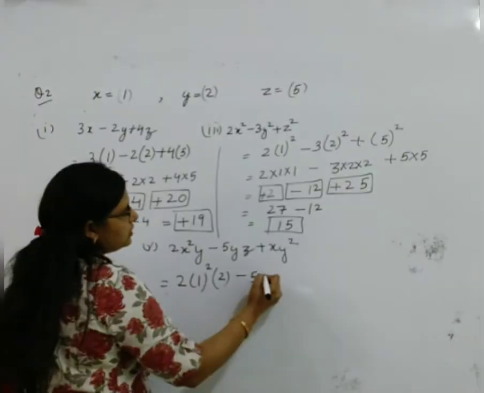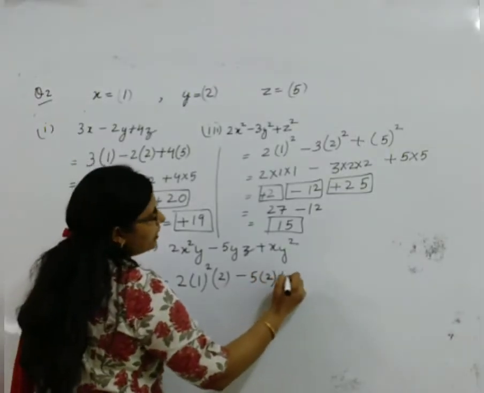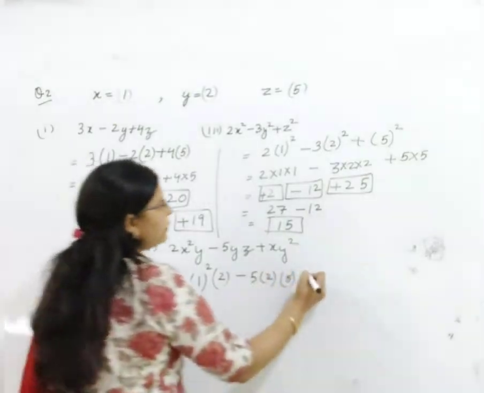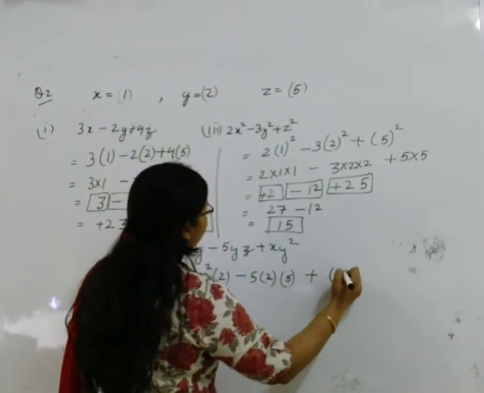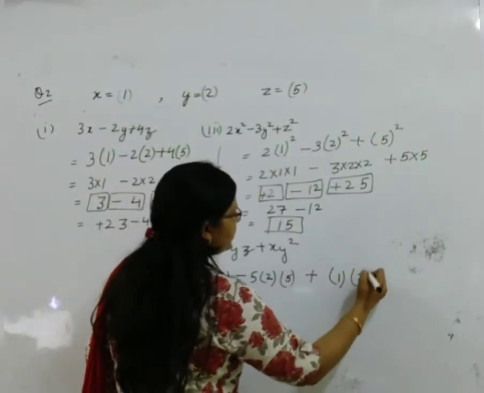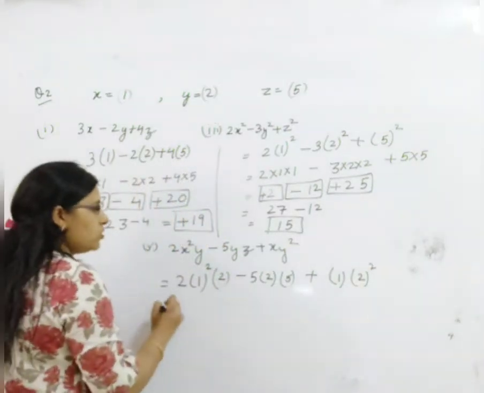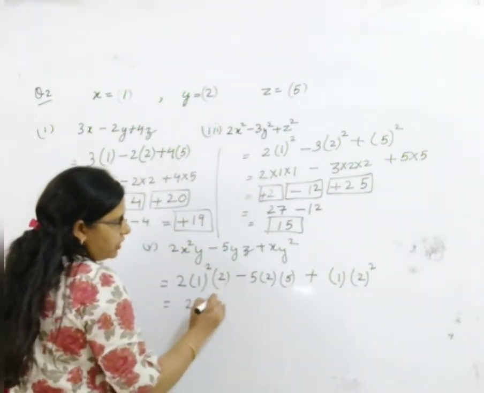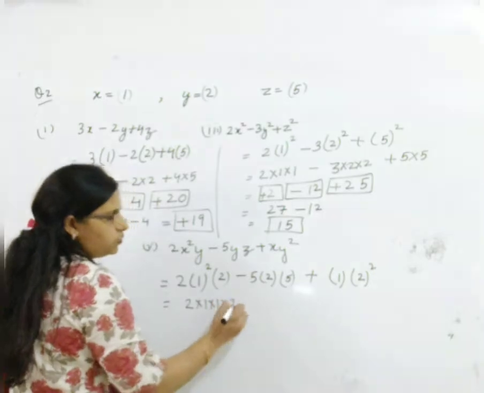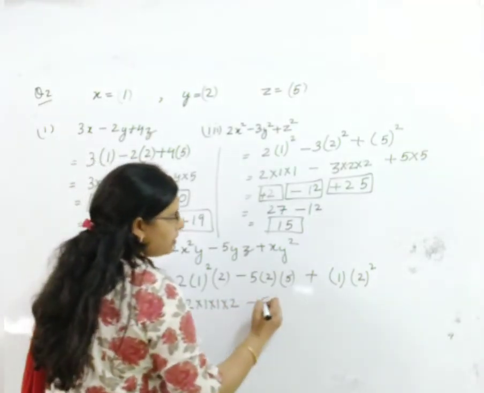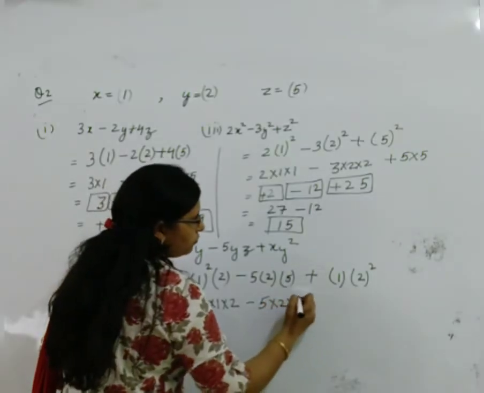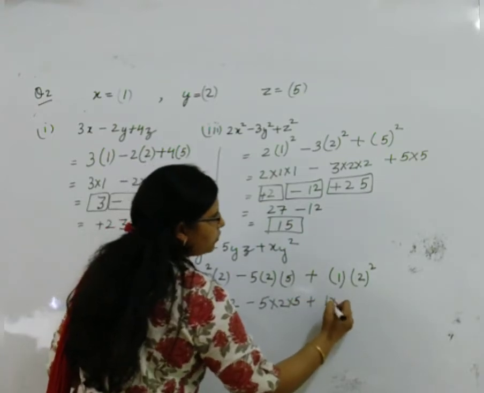The value of y is 2 and the value of z is 5, plus the value of x is 1 and the value of y is 2. So it becomes 2 into 1 into 1 into 2. Here it becomes 5 into 2 into 5, plus 1 into 2 into 2.